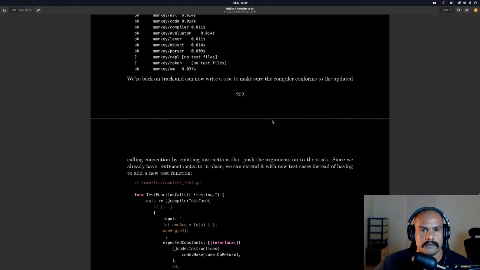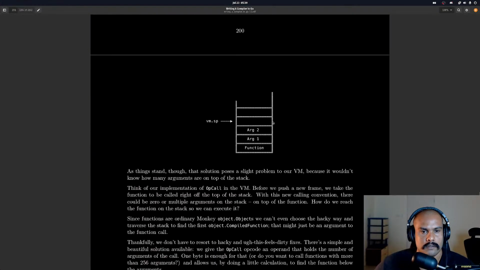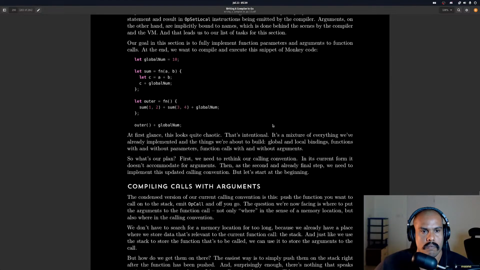Can use the test from early on. This one.